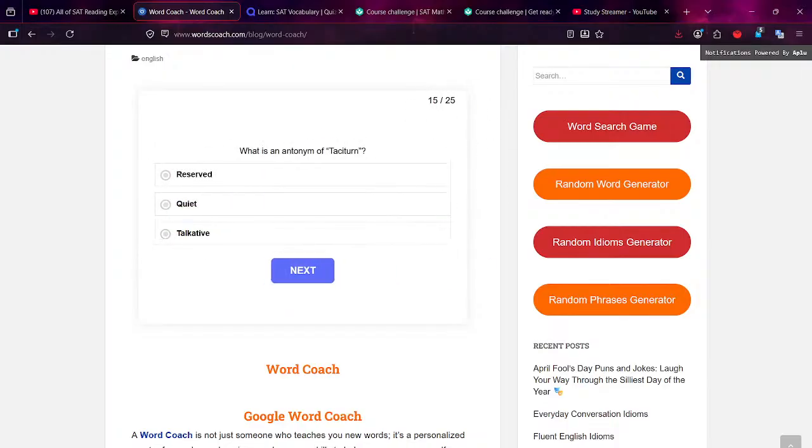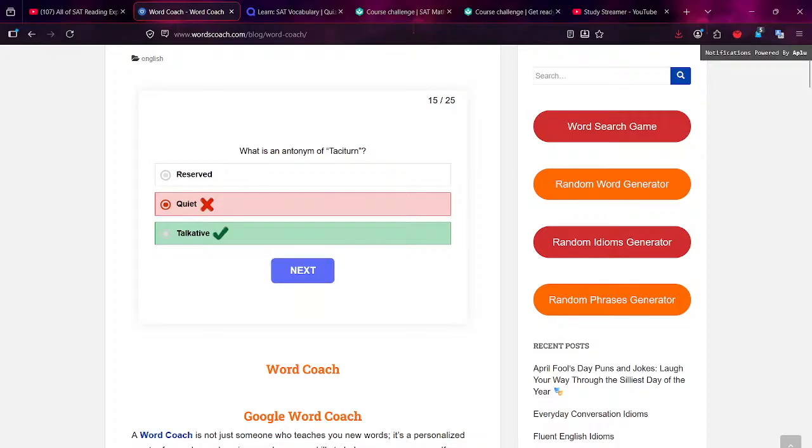What is an antonym of that word? Sounds kind of like taciturn. So it could be reserved or quiet. That's like the opposite. Oh, okay, talkative.